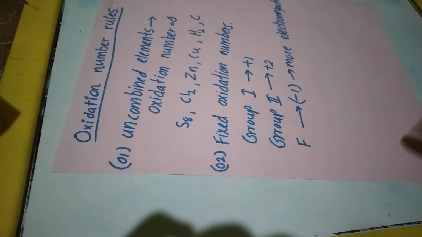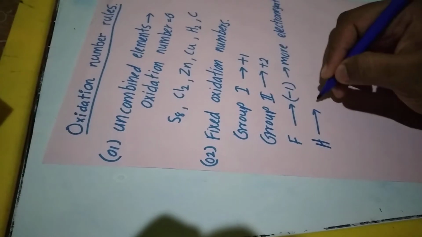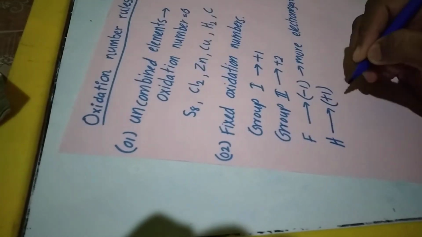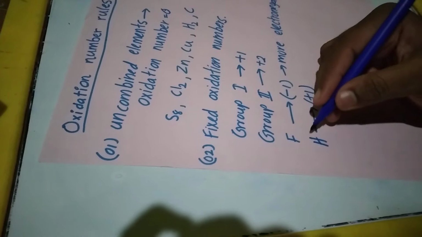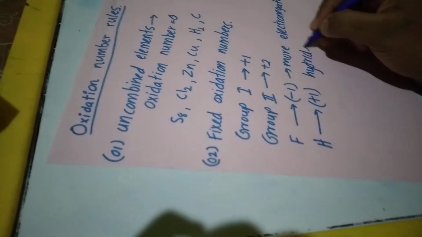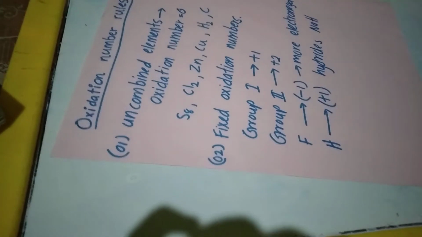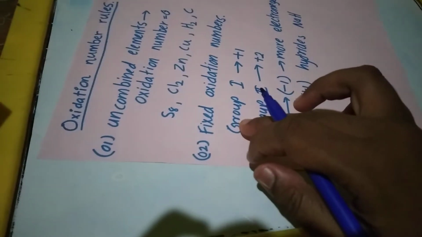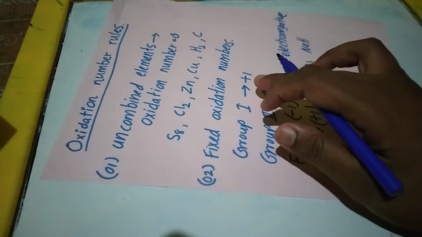Hydrogen has the oxidation number +1. But if you take hydrides such as sodium hydride, group 1 metals have the oxidation state +1.